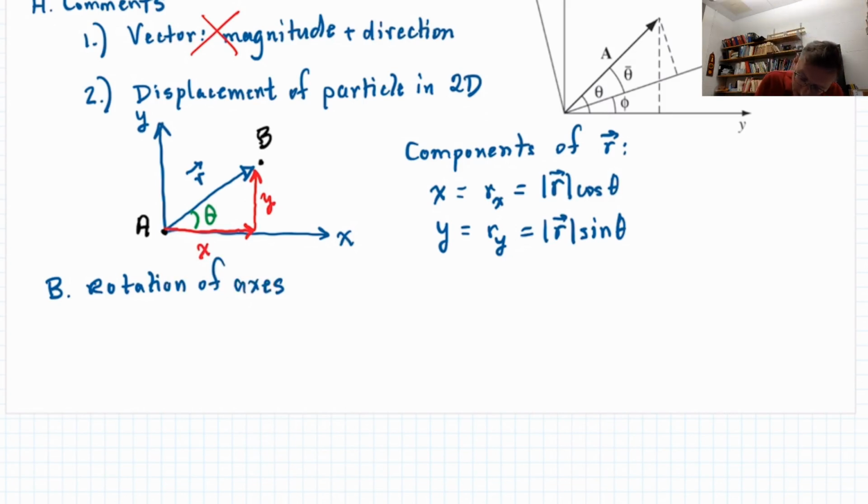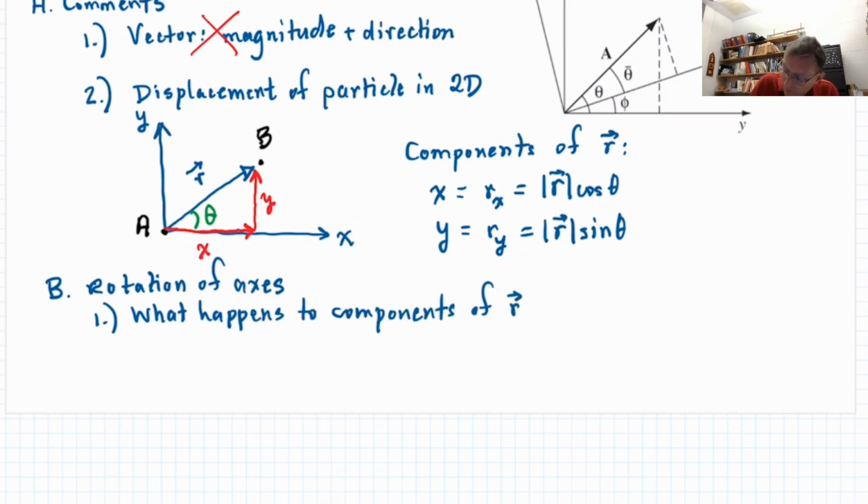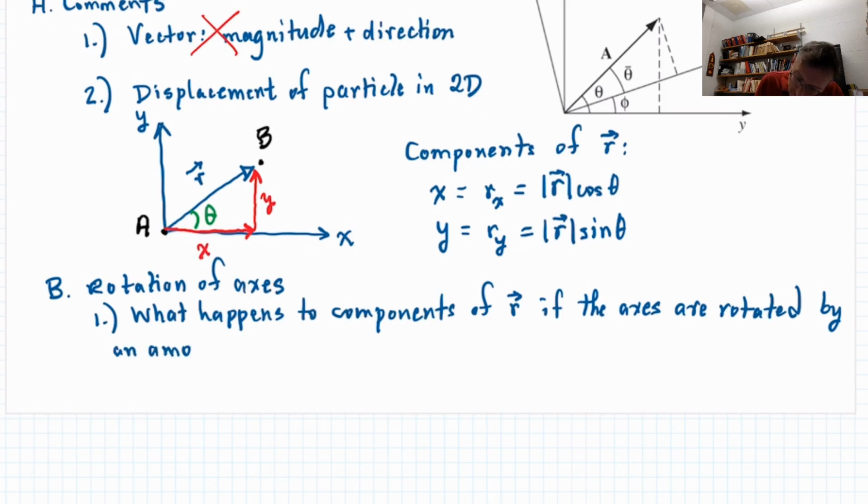So here's the question we're asking. What happens to the components of the displacement vector for our particle, r arrow, if the axes are rotated by an amount phi, keeping the actual r arrow fixed.